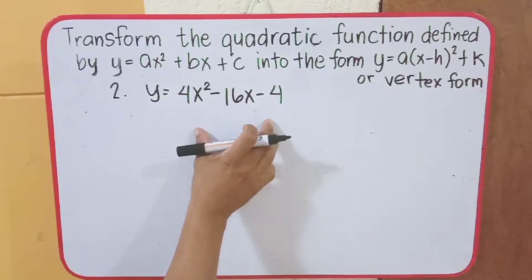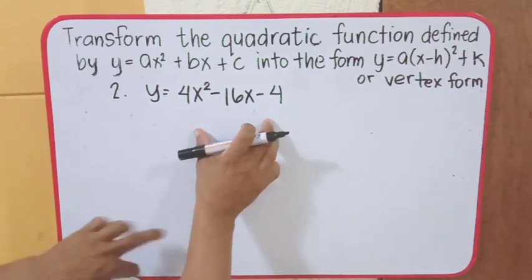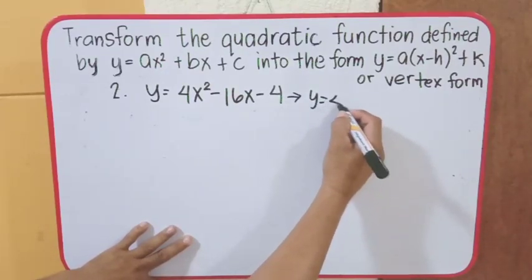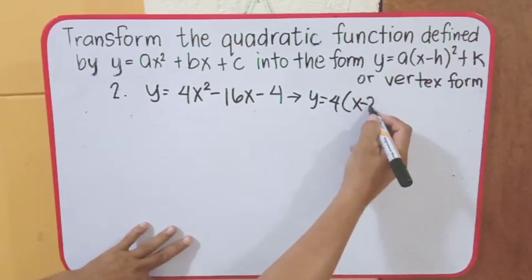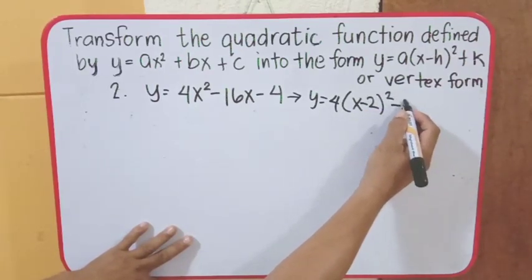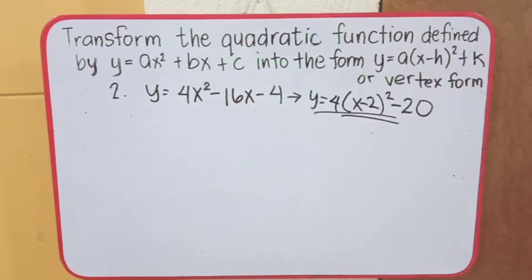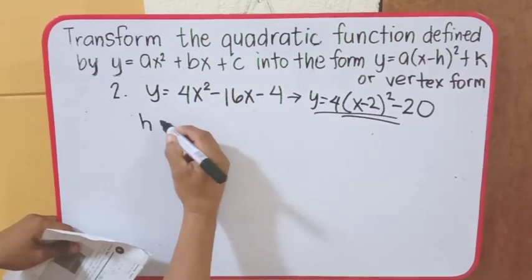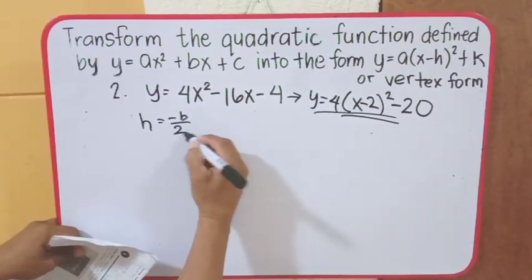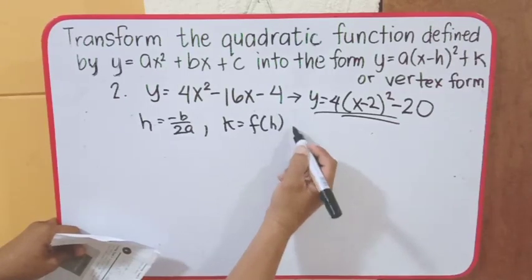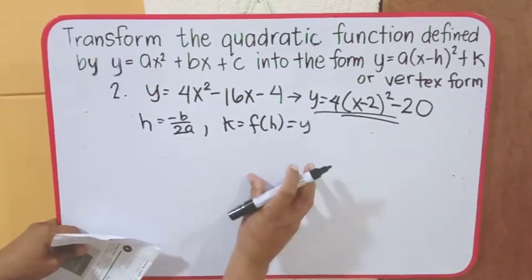So, subukan naman natin yung method na h and k. Kanina nakuha natin ang 4x squared minus 16x minus 4 into a vertex form, which is y equals 4 times the quantity of x minus 2 quantity square minus 20. Gagawin naman natin is yung formula ng h, which is negative b over 2a, at yung k natin, which is f of h, or equal sa y.